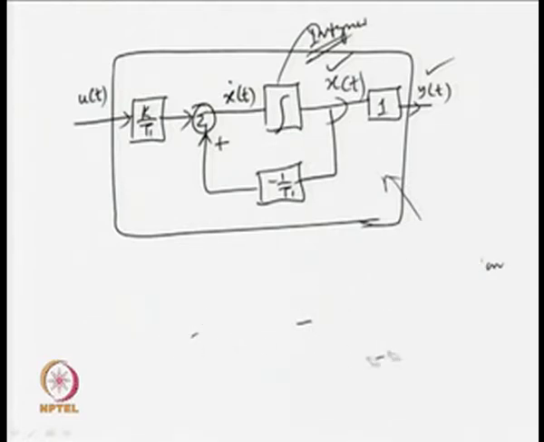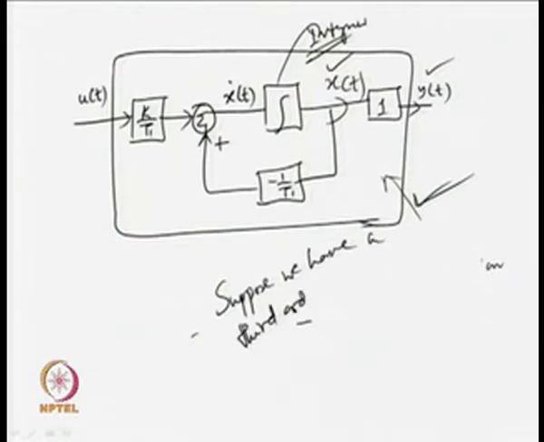Now, any other systems can be represented in block diagram form. In that case, the number of integrators will be more. Suppose we have a third order system, then how many integrators will be there?